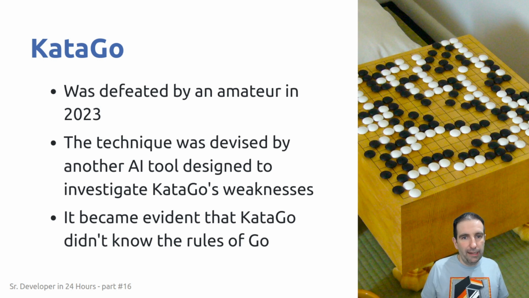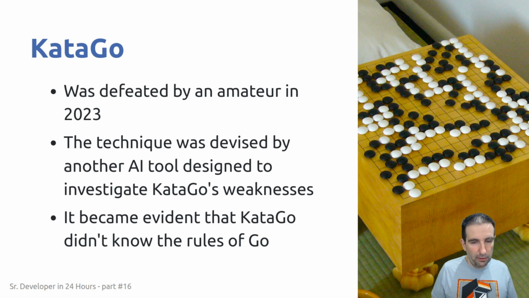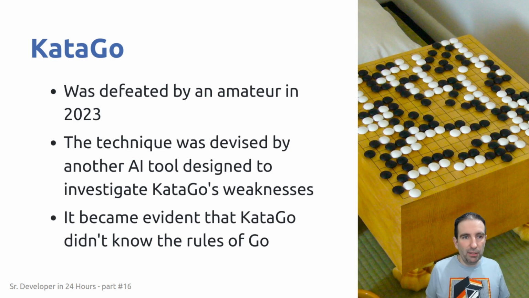It was great at coming up with moves that were effective against players that were playing rationally, and they were trying to use very advanced moves. But it failed to understand the basics of the game. It failed to understand the basics of the scoring of the game.